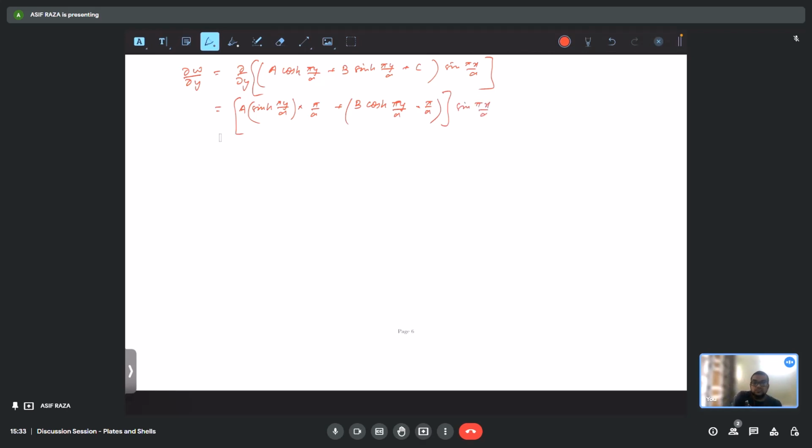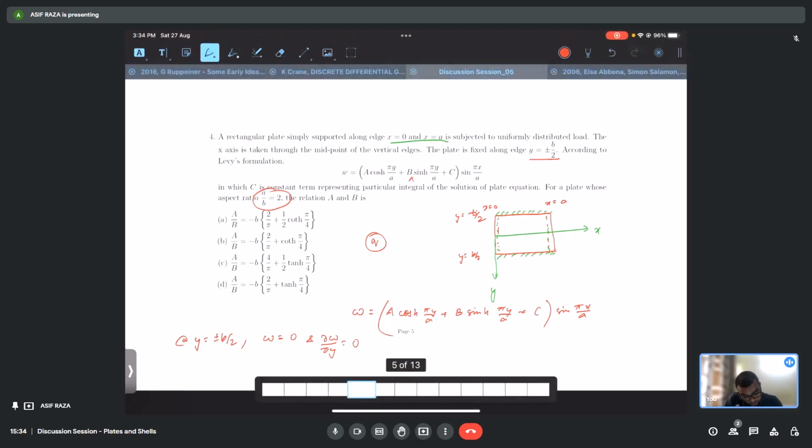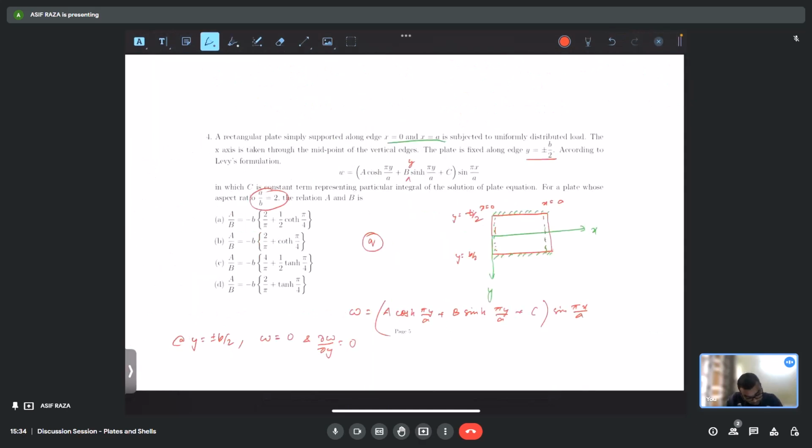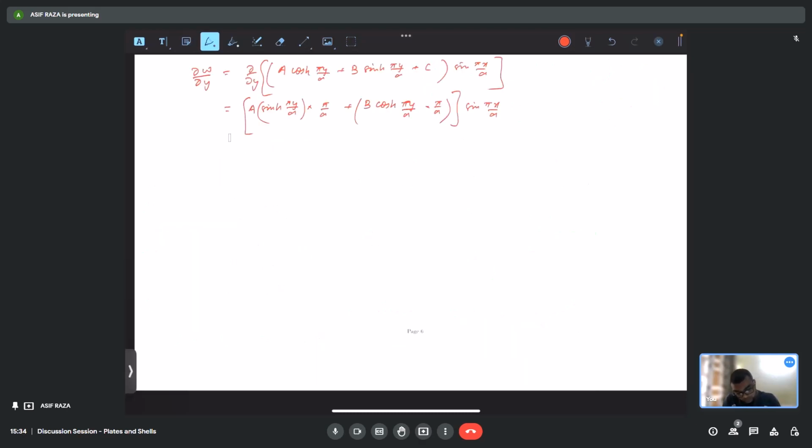Correct? Am I missing something? Okay, so there is a missing term. Here it would be alpha. Yes, here it is alpha.